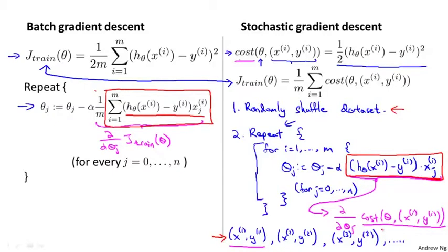So rather than waiting till we've taken a pass through all 300,000 United States Census records, say, rather than needing to scan through all of the training examples before we can modify the parameters a little bit and make progress towards the global minimum, for stochastic gradient descent, we just need to look at a single training example and we'll already start making progress in moving the parameters towards the global minimum.